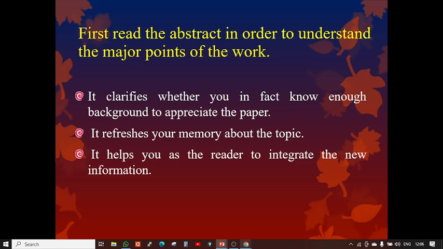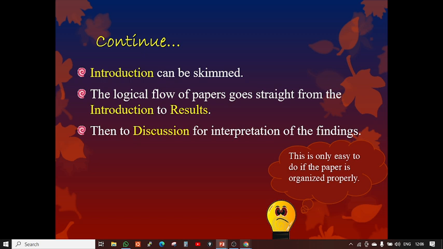It refreshes your memory on the topic. It also helps the reader integrate new information, because if someone uses new methods or innovations, then read that paper carefully, so it can enhance your knowledge as well as your point of view.